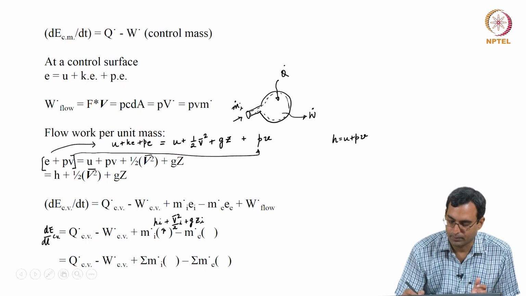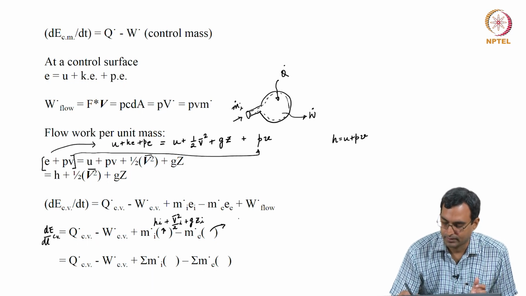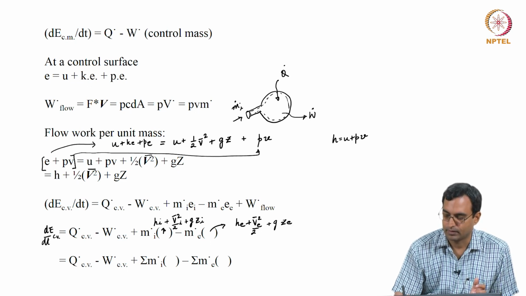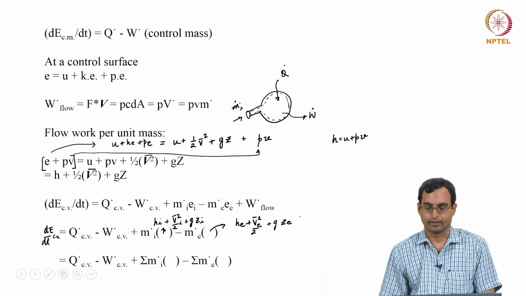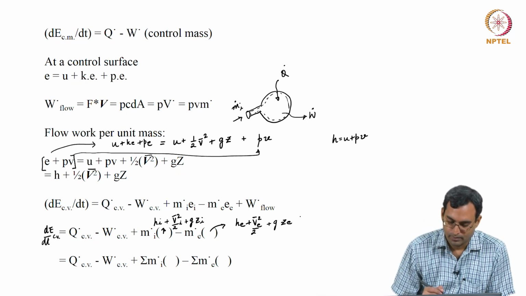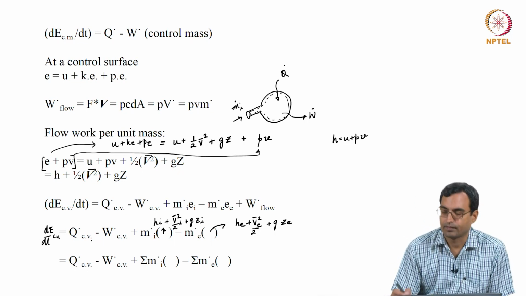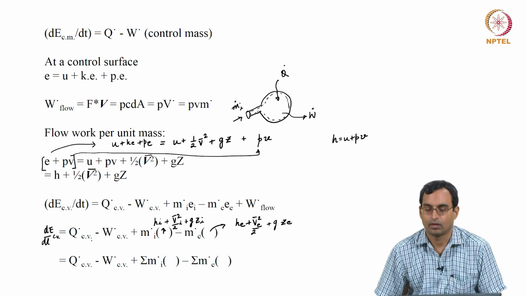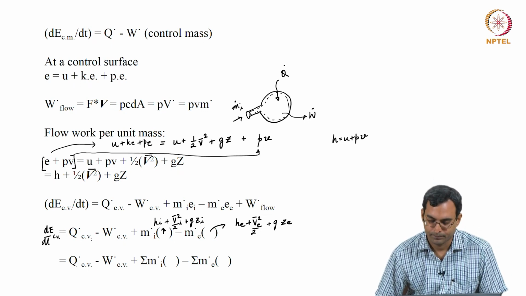This is what goes in the bracket here, minus m dot E into enthalpy at the exit plus velocity at the exit, which gives us kinetic energy, plus whatever is the potential energy going out at the exit. So, this is essentially the kind of expression we get for the first law for a flow process.